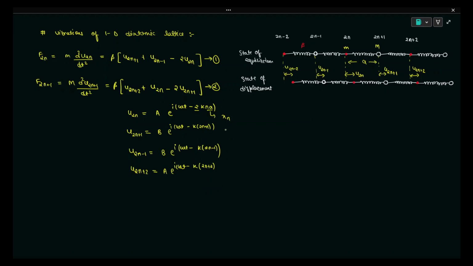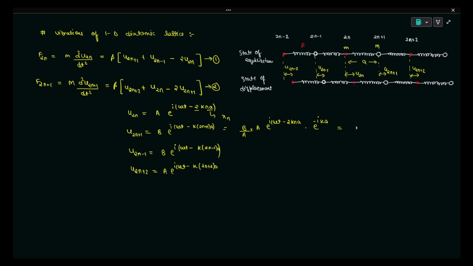Now let's try to write these solutions in terms of u2n, so that u2n plus 1 will become B by A times A e raised to the power i(omega t minus 2nka). So there will be one a also missing here. So this u2n plus 1 becomes this times exponential of minus i ka.